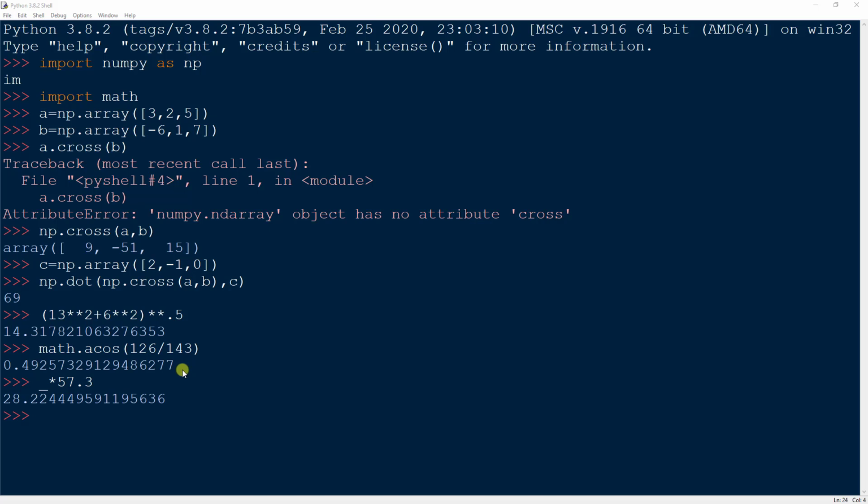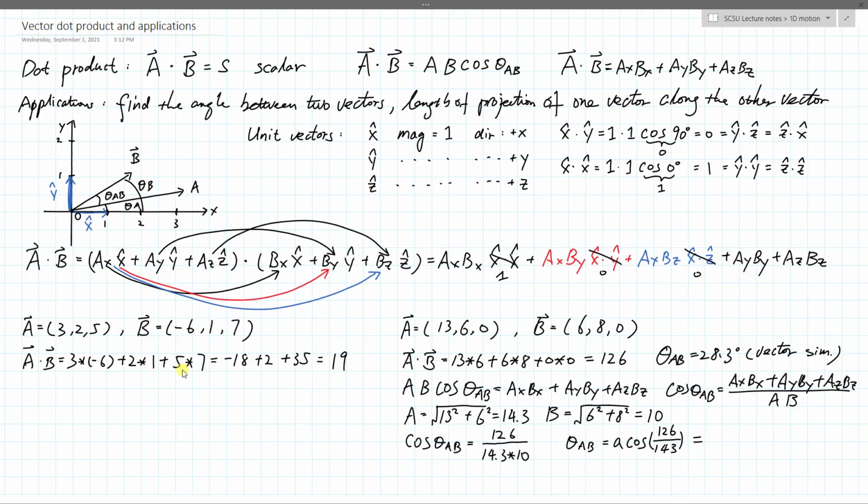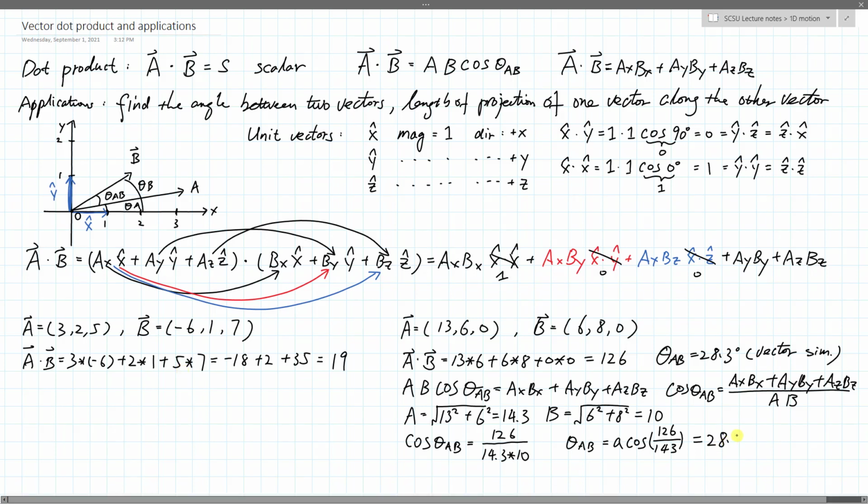So in that regard, these two values are the same. So let's move that out of the way, and we'll do 28.2 degrees. So that is consistent with the vector simulation's outcome.